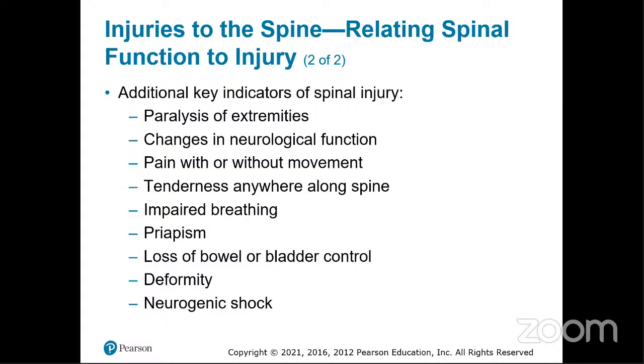If you get that spinal injury and they lose control of the vessels, all of a sudden they get that great big drop in blood pressure, and then they'll get an erection with it. Loss of bowel or bladder control, deformities, and neurologic or neurogenic shock. Like I said, the big one is going to be your pain or tenderness as you go down their spine.